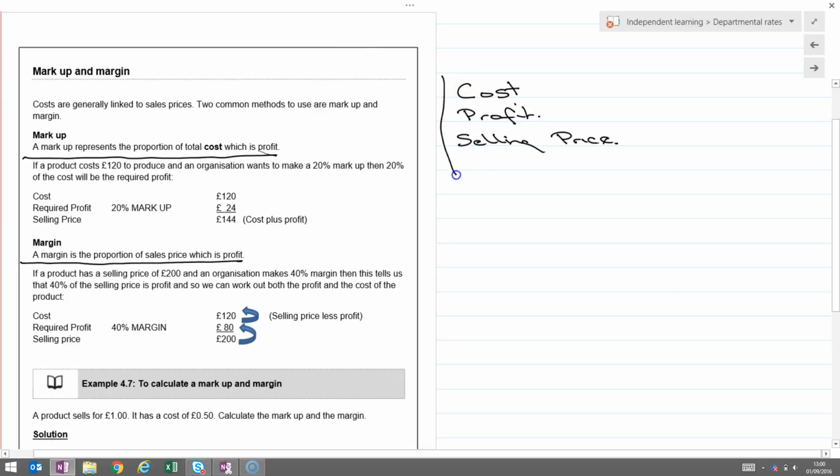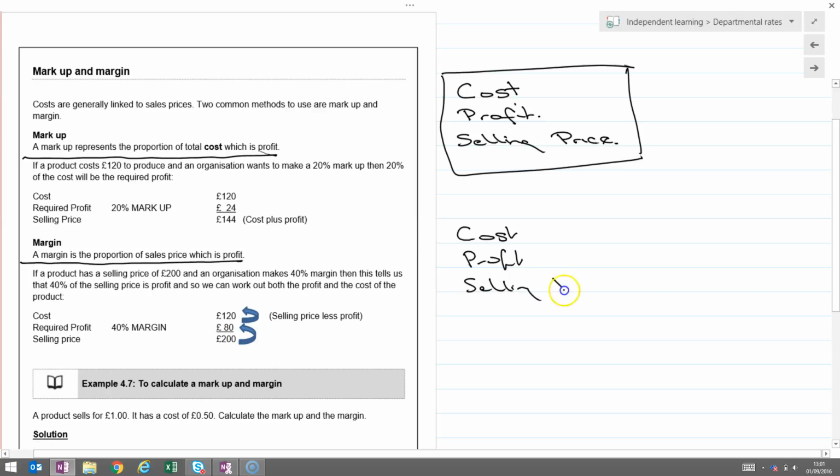Now we can use this for all our calculations. Okay, so cost, profit, selling price. If we use this example here, a product costs £120 to produce, so the cost is £120.